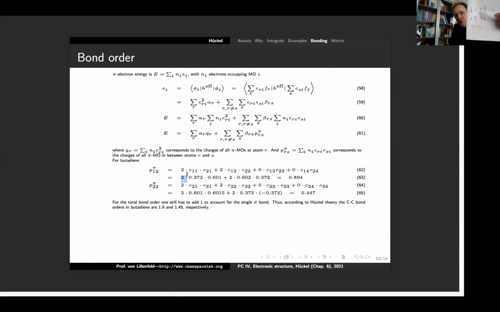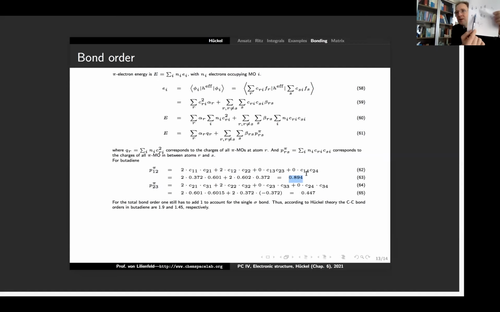And in each we have 2 electrons, right? And so our p pi, right, we get a contribution from the product of, let's see, C11 times C21, right? No, sorry, this one and this one, and this one and this one, right?